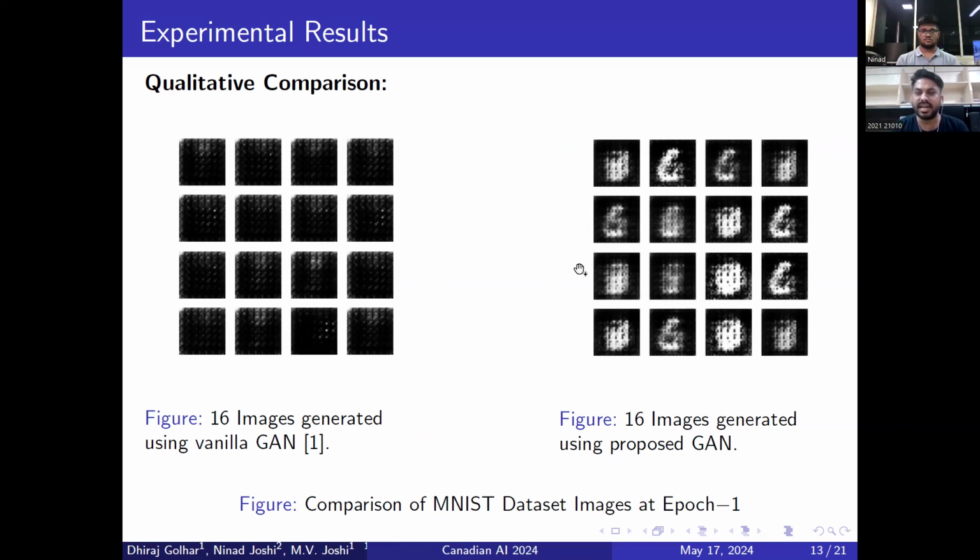But on the right hand side, we can clearly see that the learning of image generation has started. That means the proposed GAN has a head start in learning image generation, because we are providing some statistical characteristics of the training data to the generator. This is for the first epoch.